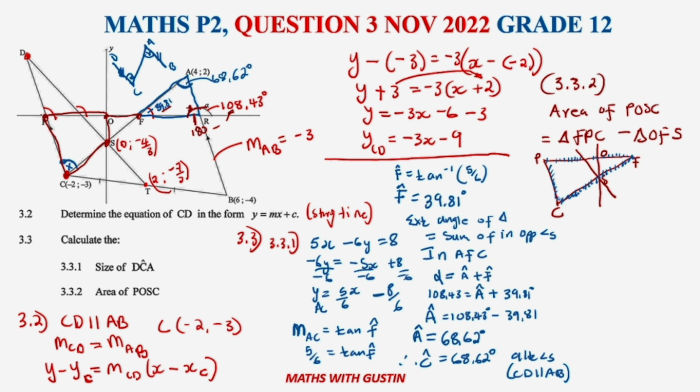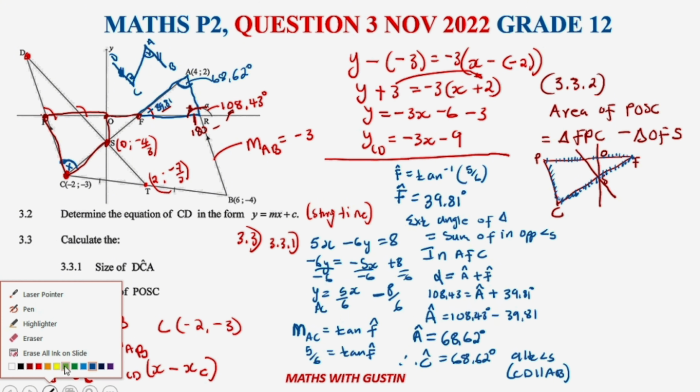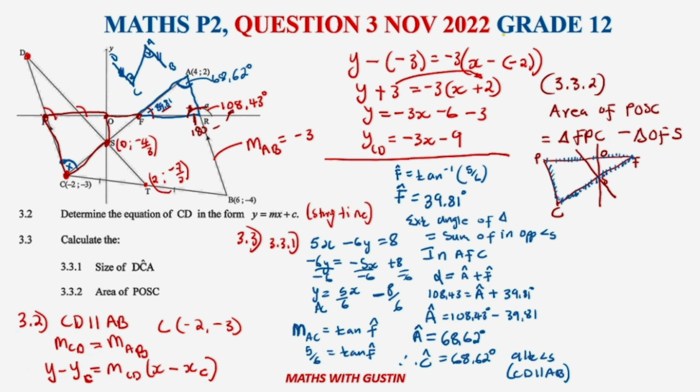Now this is the bigger triangle. Okay, so you calculate the area of the bigger triangle, but you need to minus the smaller triangle. Which one is the smaller triangle? Let me show you guys here again with a yellow color, hoping that this will be visible. Then you need to minus the smaller triangle, which is this one here. So you see bigger triangle minus this one. So what is left?